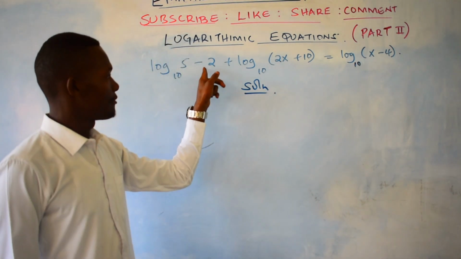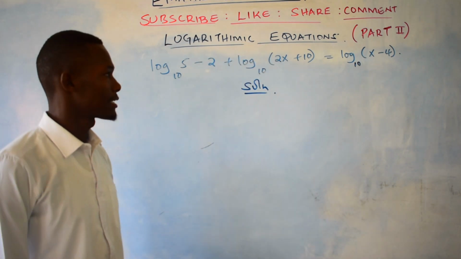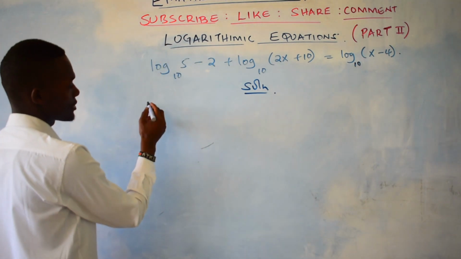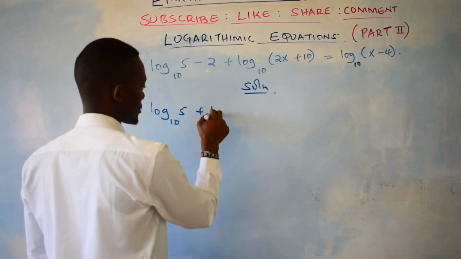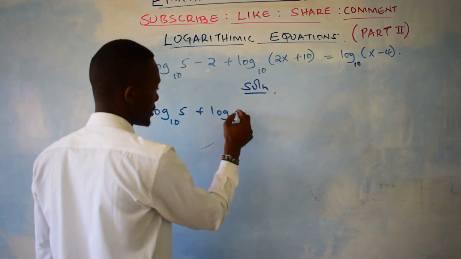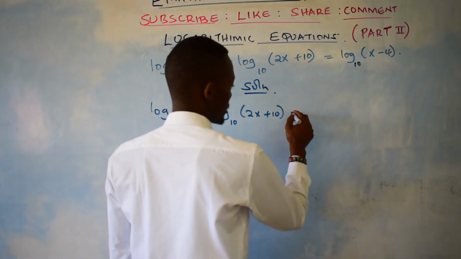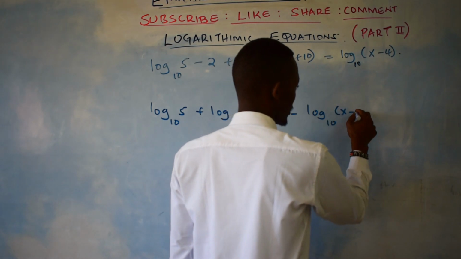So we have a constant term here. You can take it to the right hand side and take this one to the left hand side. Rearranging, we have log base 10 of 5 plus log base 10 of 2x plus 10, then take this one to the other side so that you have the logs on one side, x minus 4.